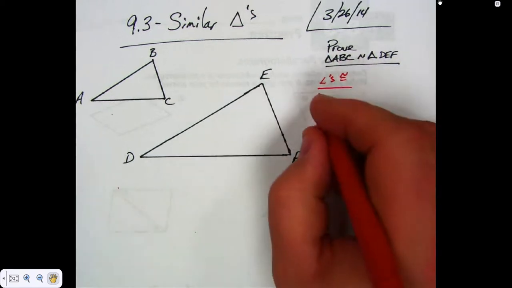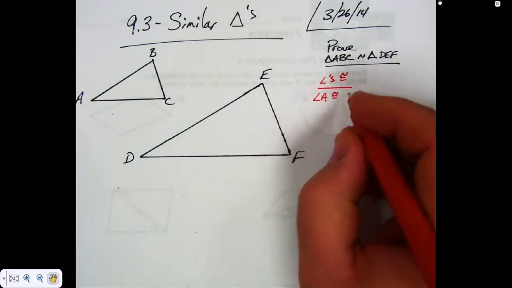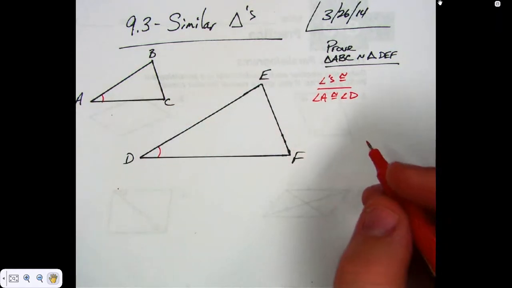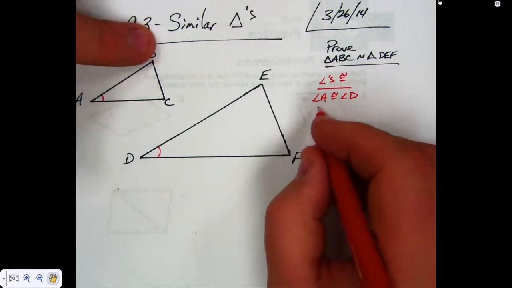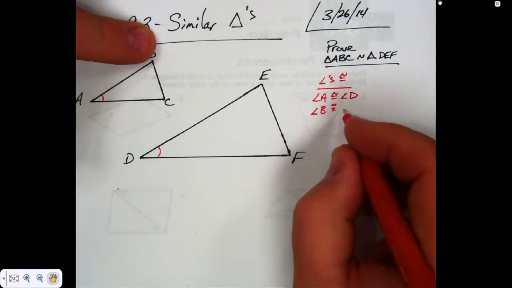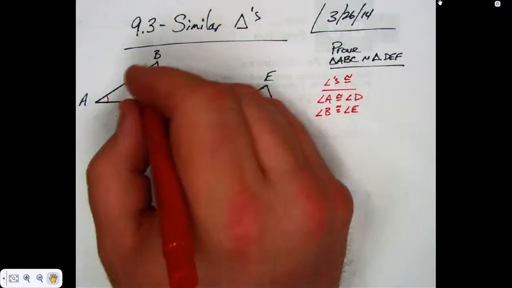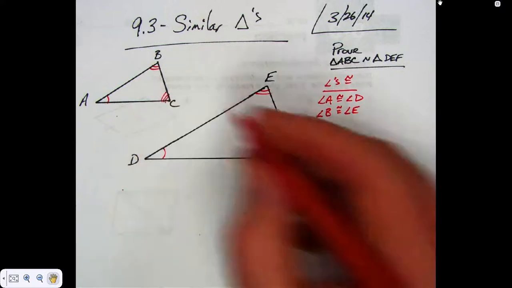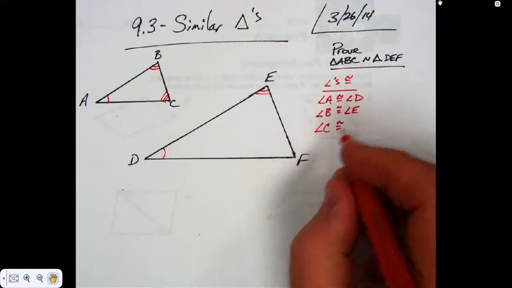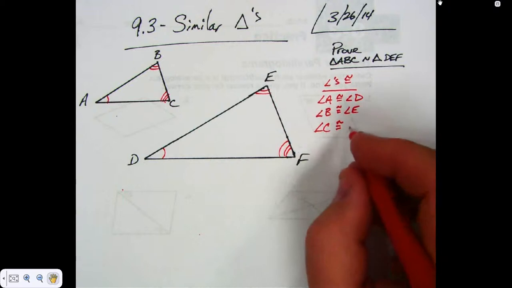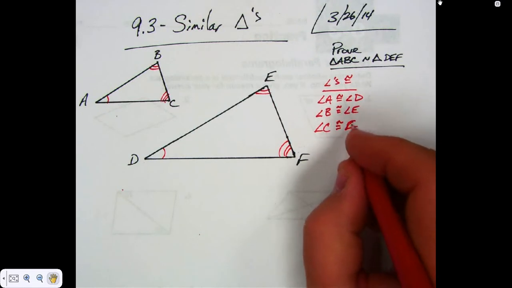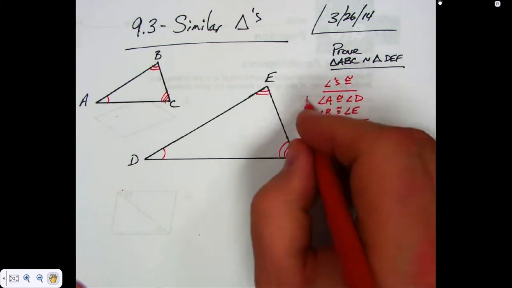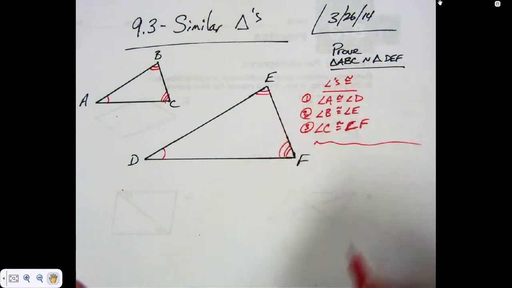So you would have to prove that angle A is congruent to angle D. And the other angles, you would have to prove that angle B is congruent to angle E. You would also have to prove that angle C is congruent to angle F. Okay? You'd have to prove 1, 2, 3 things.